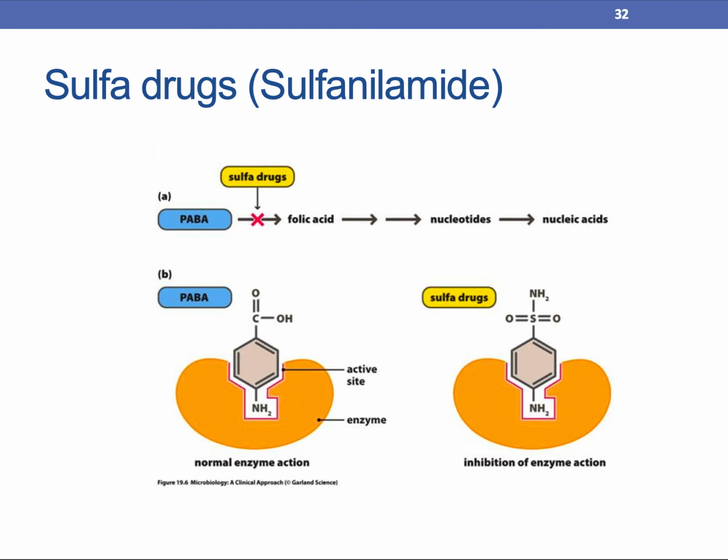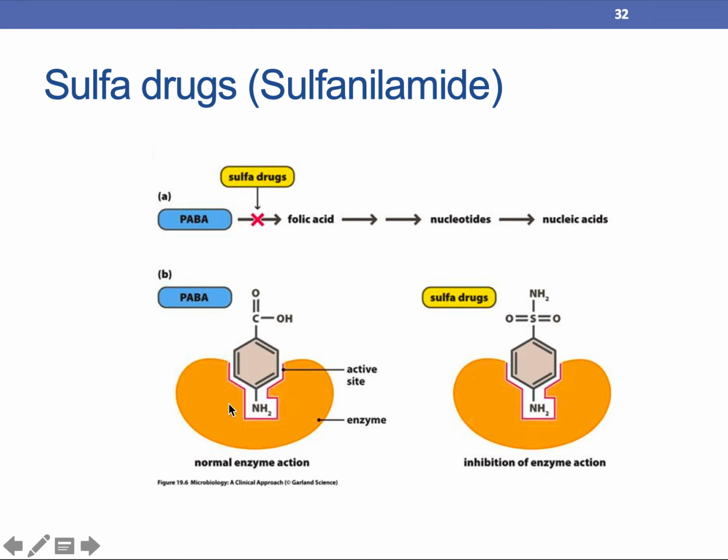The good aspect of this particular treatment is that human cells do not use PABA, and because human cells do not use para-aminobenzoic acid to make folic acid, which is used in making nucleotides and nucleic acids, if we use these drugs on these microorganisms, it does not affect humans. So that is an example of a magic bullet that Ehrlich was talking about.